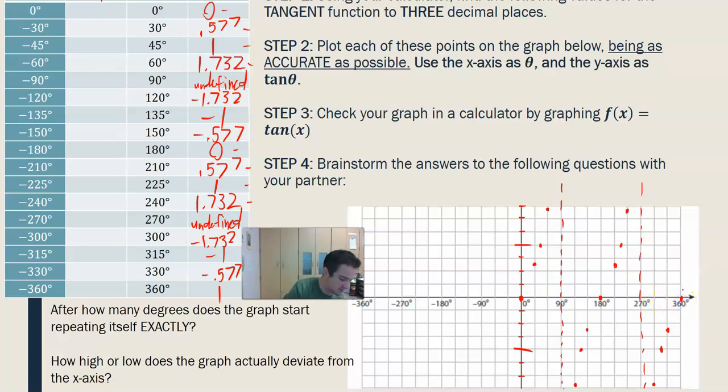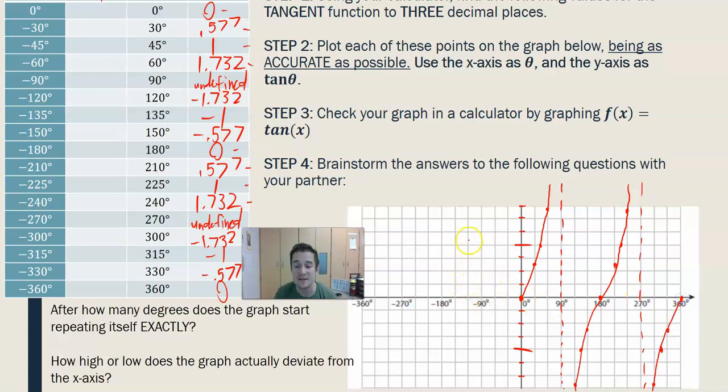Right, tangent of 360 degrees is 0. Thanks for the catch, Mr. Burrell. Okay, so if I'm going to connect the dots on some of these points, I have this little curvy S-shaped situation.